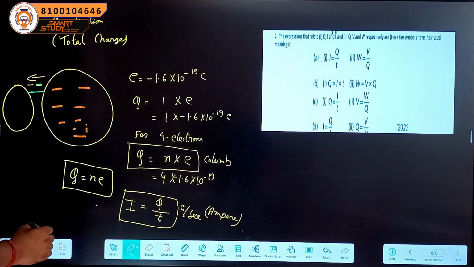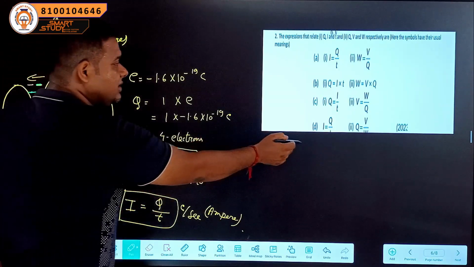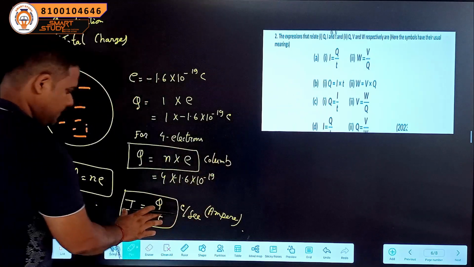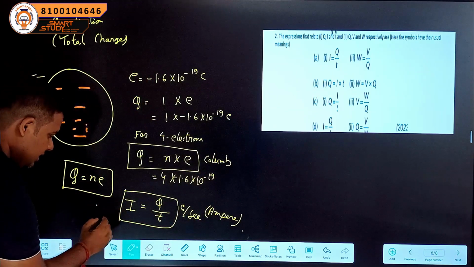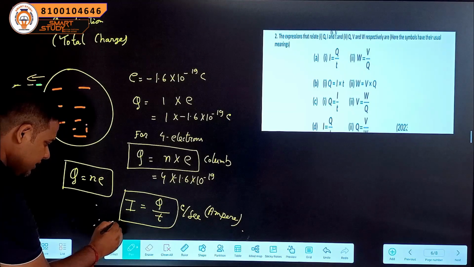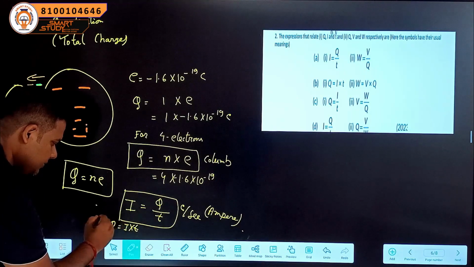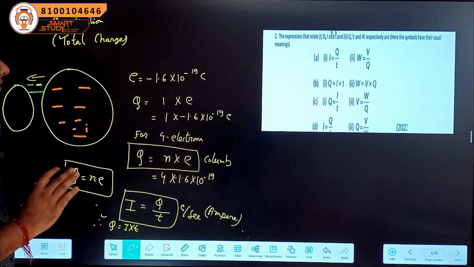Now we'll try to find out which of these four options fits this equation. From there we can also write Q equal to I into T. Okay, let's check which option is correct.